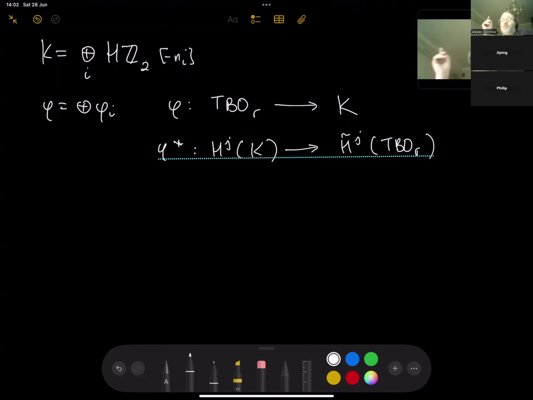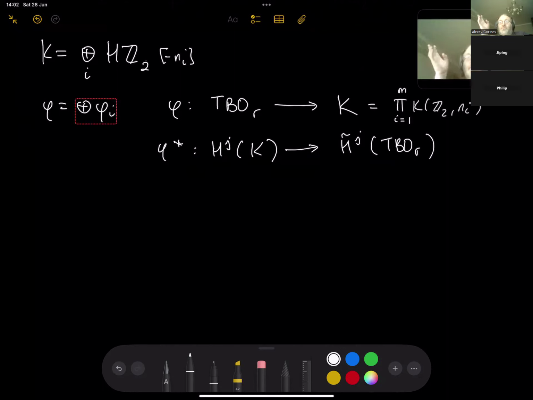This time we consider TBOR, which is a space. We also consider K as a space, which will be just the product of the Eilenberg-MacLane spaces K(Z/2, i) for finitely many i's. So we juggle between spectra and spaces, and we just hope that this won't lead us astray.